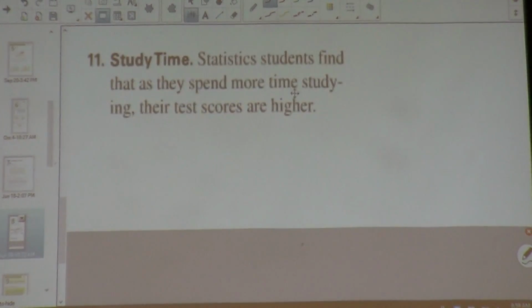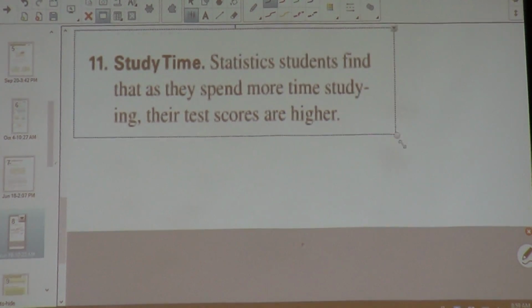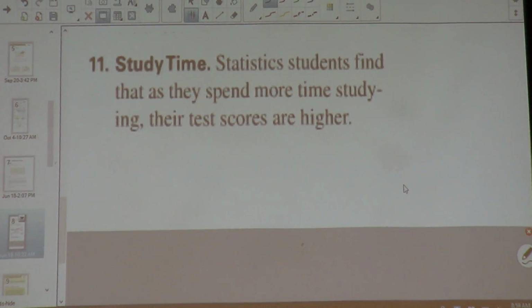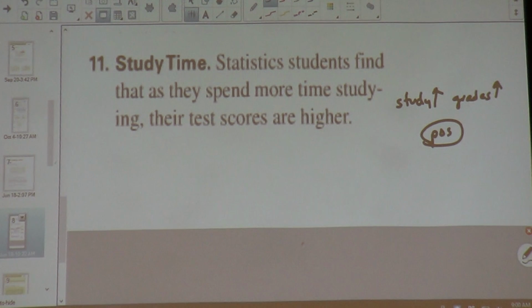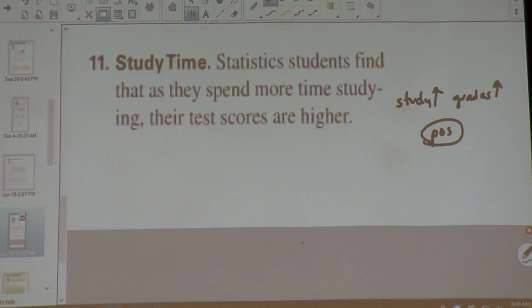Statistics students find that the more time they spend studying, the higher their tests are. What kind of correlation? Study and grades. The more you study, the higher your grades. That's going to be a positive correlation. Even though I have some people say, I study all my butt off and I still make a low grade.